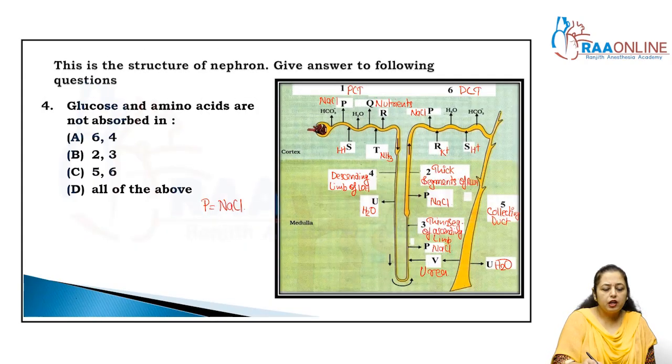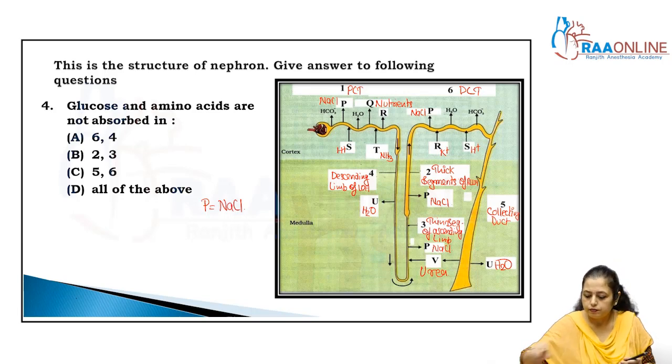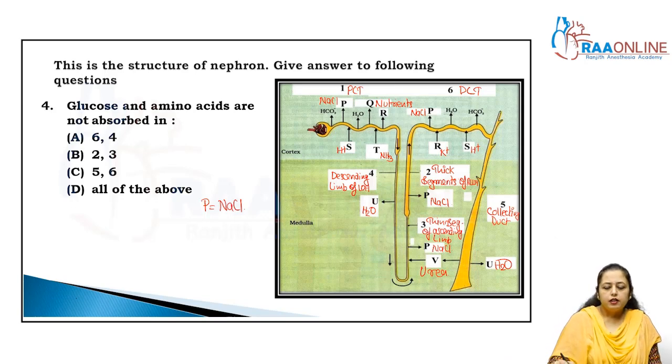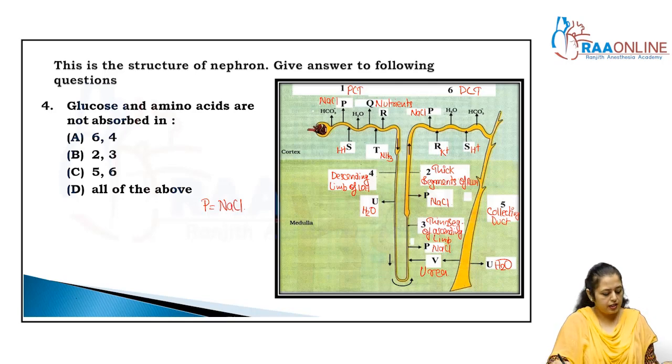So what will happen now? This structure is talking about the functions of the tubules. As we know, in page number 295 the functions of tubules are given in NCERT.